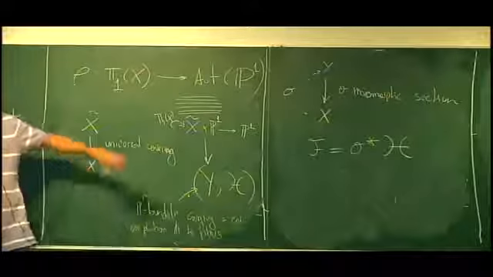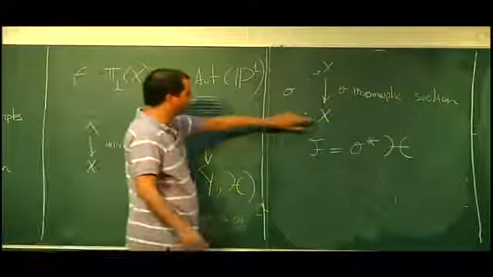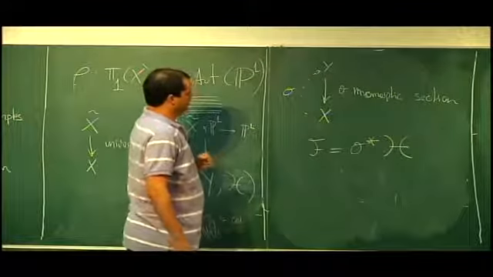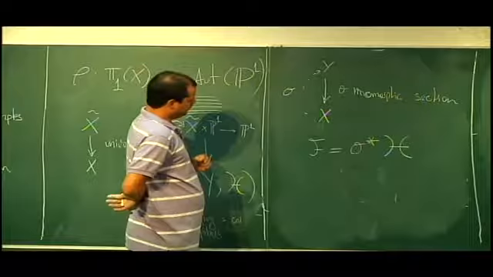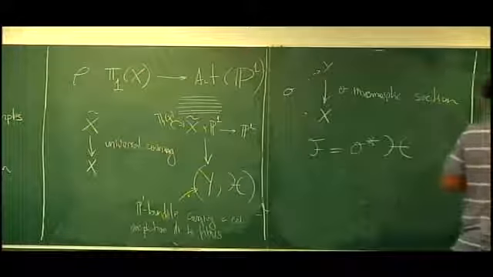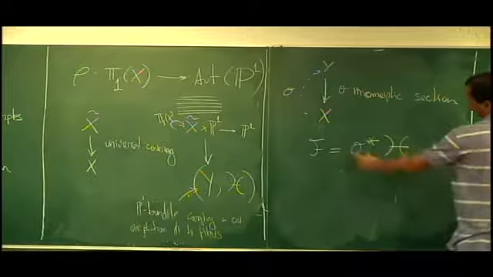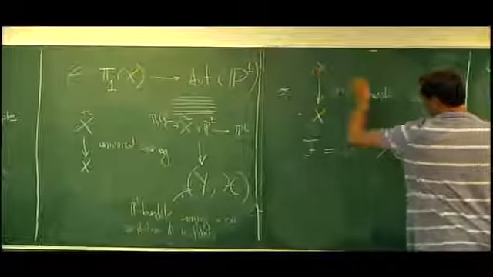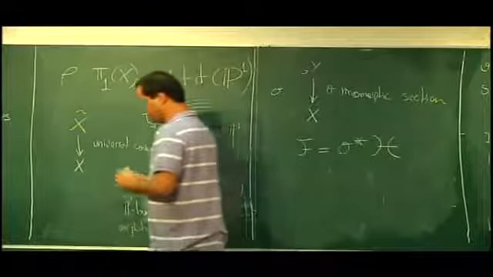We have just to ensure that the graph or the image of this section is not an invariant algebraic subvariety, and then we can do this construction just by pulling back the one form to define the foliation, this horizontal foliation on Y.